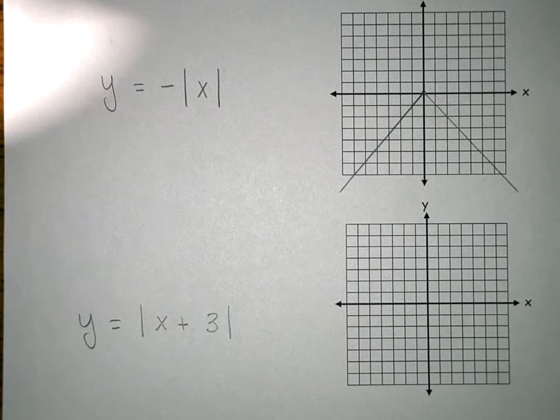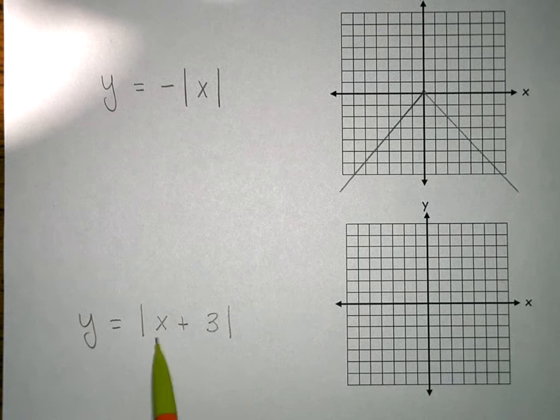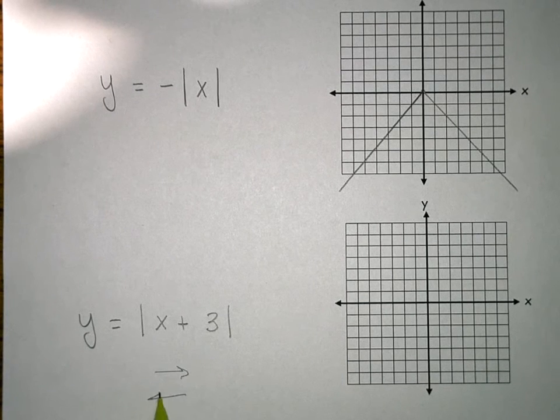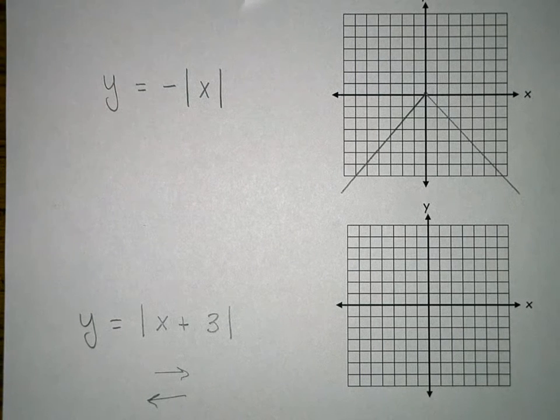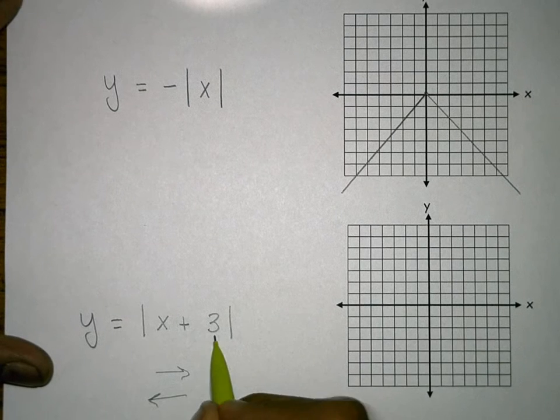Moving down, what happens if I add something inside the absolute value? And this is the one that throws people off the most. Well, I'm adding it to the x, so it's going to shift me this way or that way. But the problem is it's contrary to what you might think. So you think, oh, hey, plus 3, that's positive.